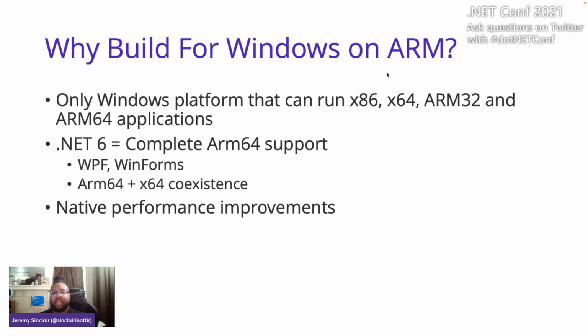With .NET 6, it allows for ARM64 and x64 coexistence. So what this means is that you can target both ARM64 and x64 with the .NET 6 SDK without issue.